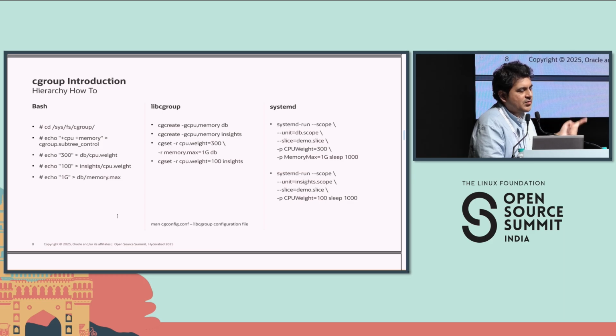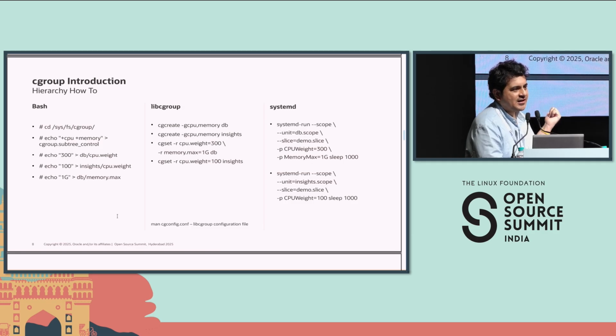Now the question is, these are not persistent across reboots, so you have to do it every time. If you want to make the Cgroup setup persistent across reboots, then with bash you have to create a bash script, convert that into a systemd service unit, and point ExecStart to it.